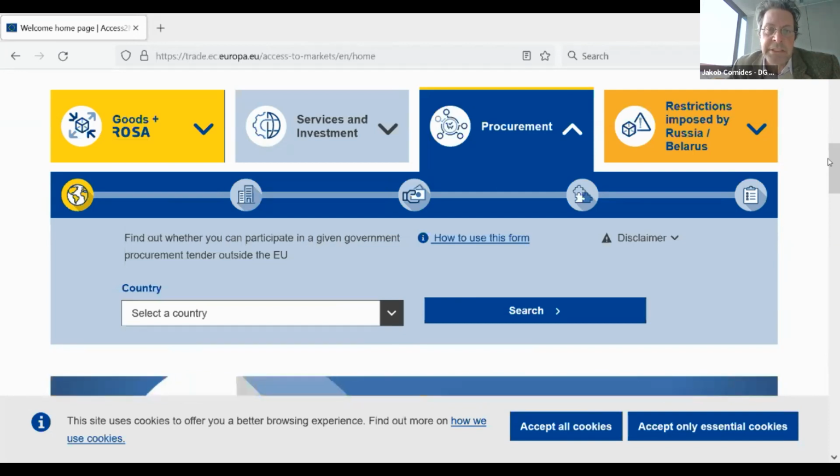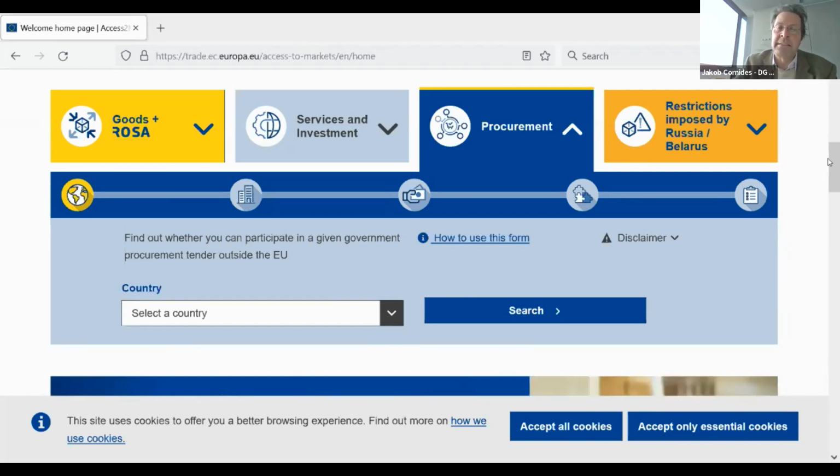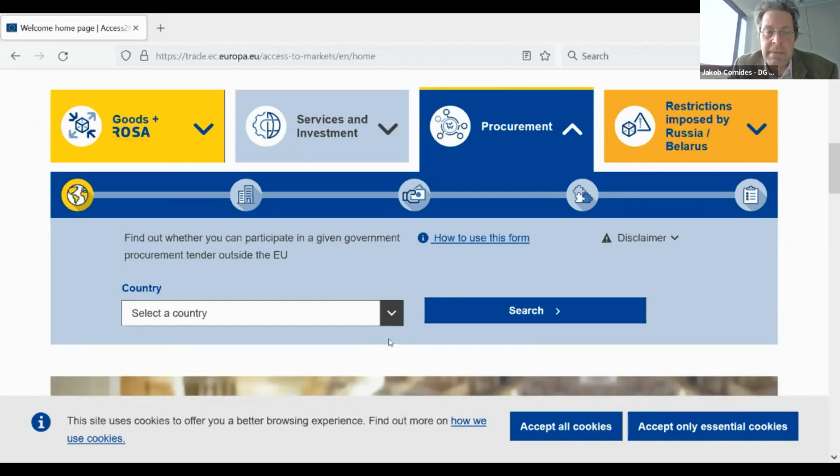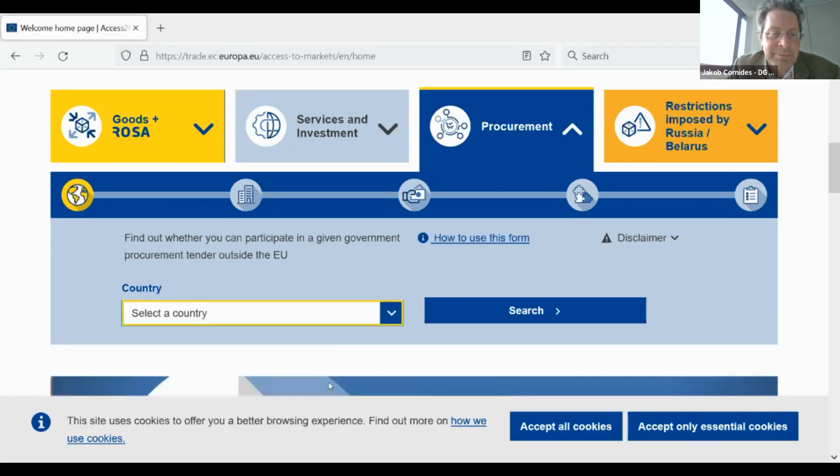This is a very ambitious project, and in fact, Canada was the first of all our trading partners with whom we have implemented it. The second, as you can see here, is Japan, and these are so far the only countries for which this tool is available, but others will be added soon.